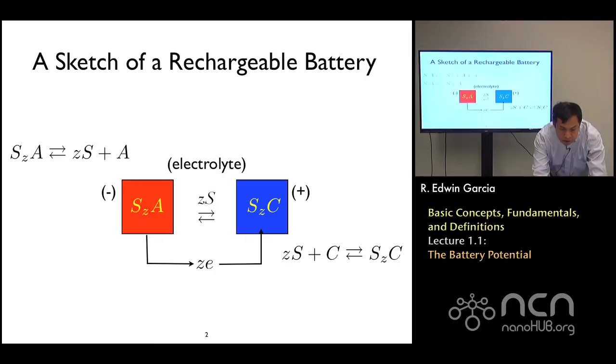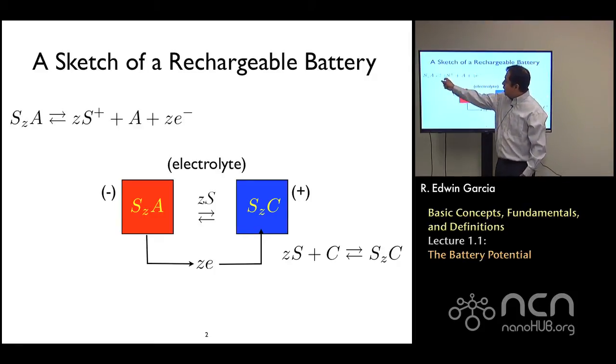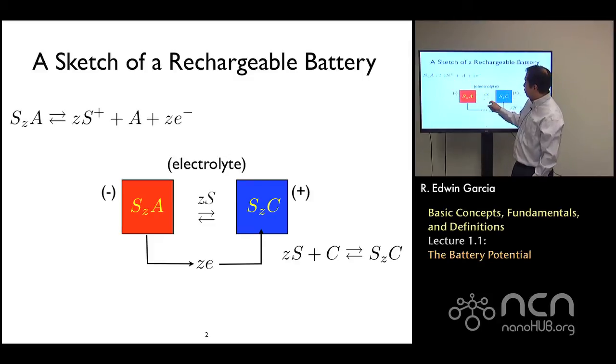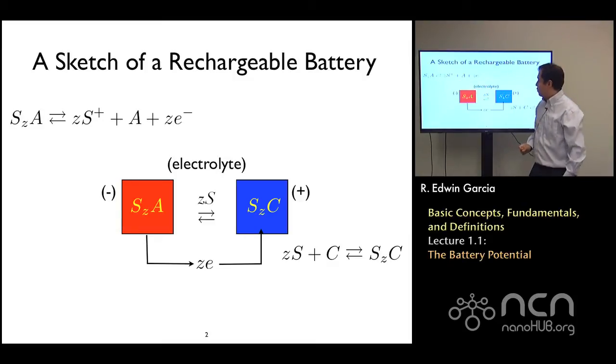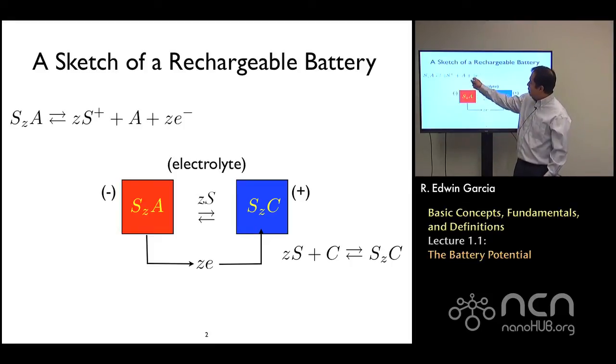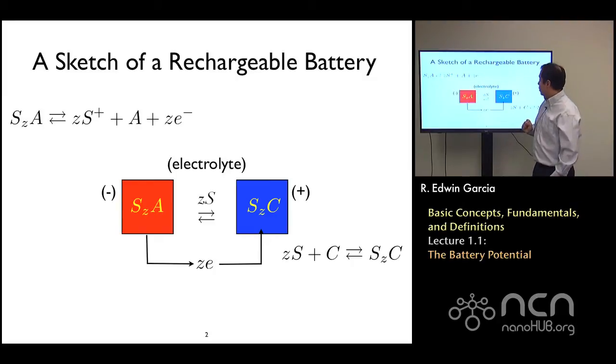As this happens, what we really mean to say is that species is ionized with a positive charge, and that's why we have that species transporting here through the electrolyte, and releases Z electrons for every Z of the ionic species. If you want to make a good battery, you want to have this number Z as large as possible.